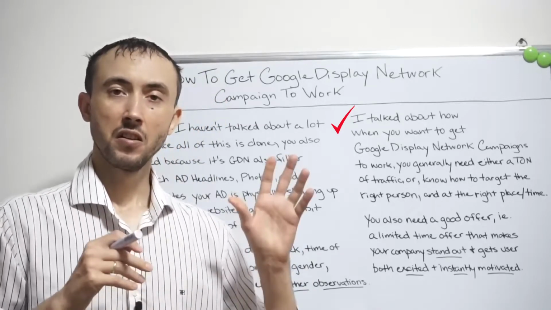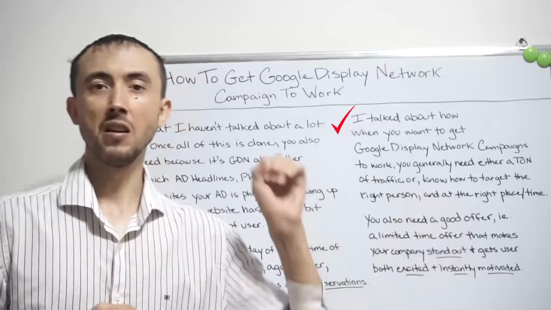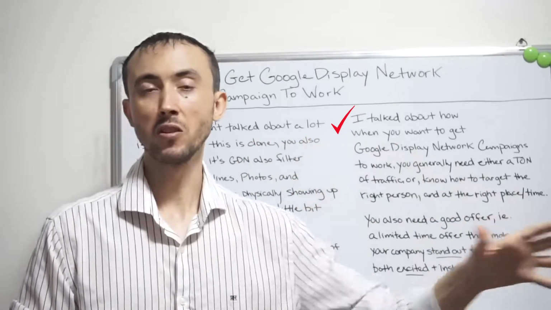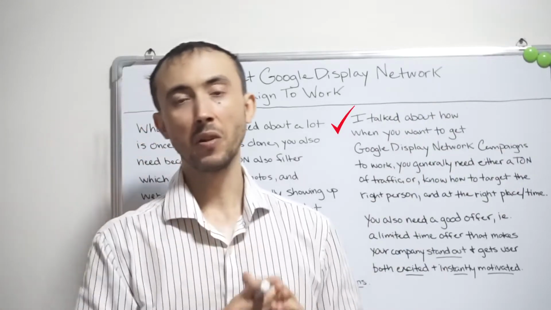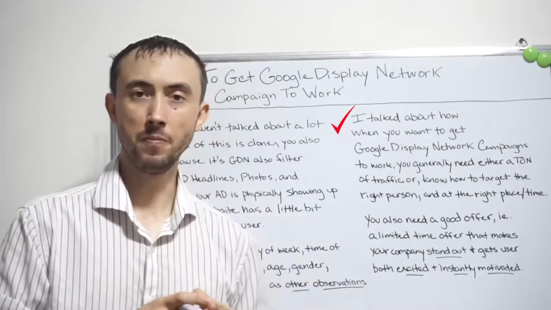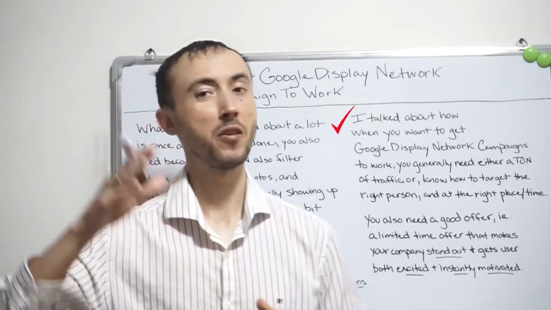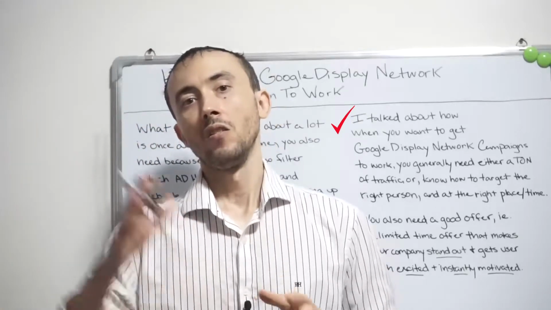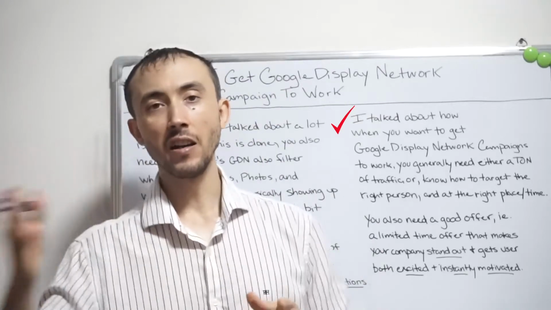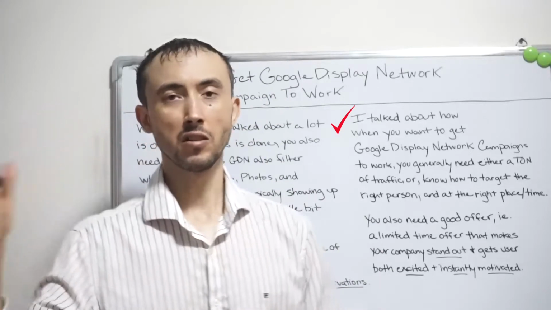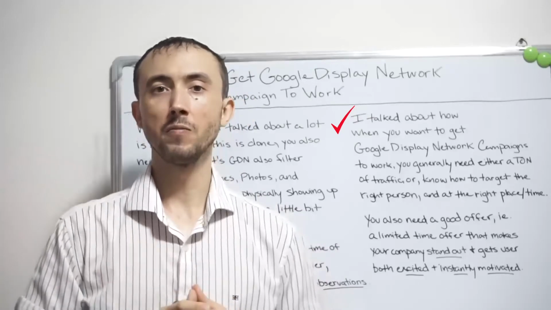And so respectively, the right person can be, like I said, somebody who's researched recently. It could be somebody who's been to your competitor websites. The right place or time could be somebody who maybe is at a convention center, or they're near a college, or they're going to be moving soon.